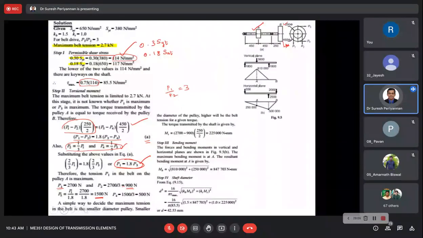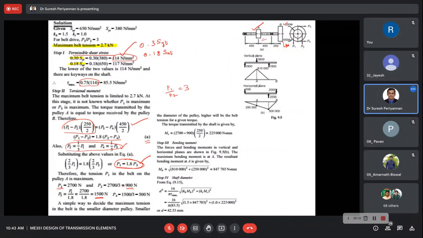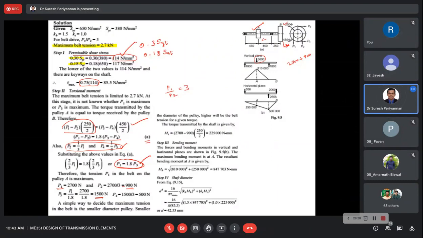Now, how much load is acting here? P1 we know is 2700, P2 we know is 900. Then the total load acting at point A on the shaft is 3600 Newton.